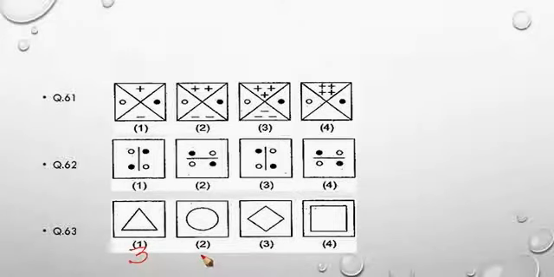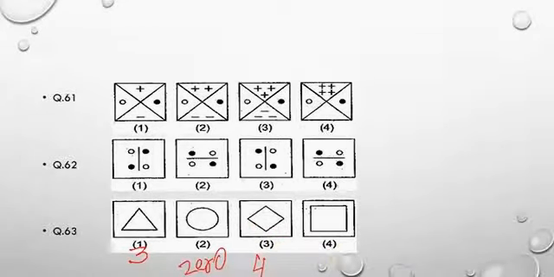The next problem figure is a circle which has got 0 straight lines in it. The third option is given as a rectangle or a diamond shaped design which has got 4 sides to it or 4 straight lines in it.